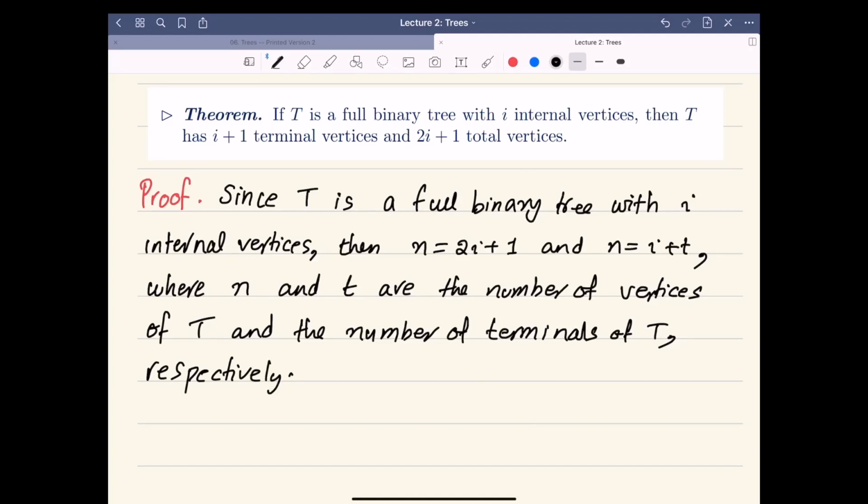So the first result is already found, because this is what the question asks us to prove, that the number of vertices is equal to 2I plus 1. Now we need to prove that the number of terminals is equal to I plus 1.